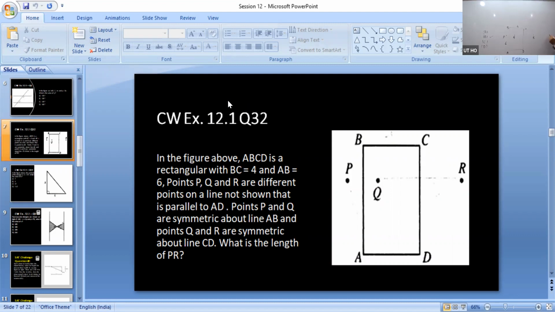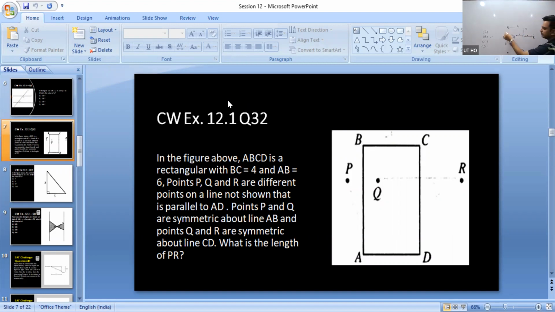I am giving 8. Actually, if I talk about symmetry, symmetry means that if this point is the image of that one, that means if this value is 2, then this is also 2. Here, this is the image with respect to BA. So if I say this is x, this will also be x. For this also, let's say this is y, so this is also y.